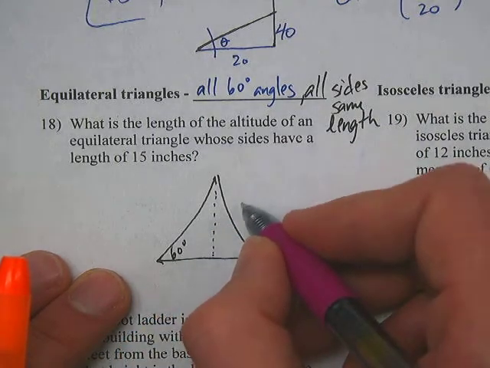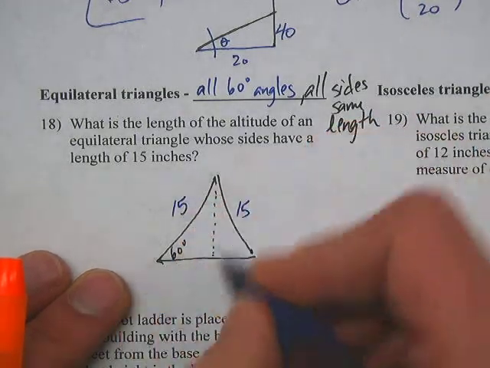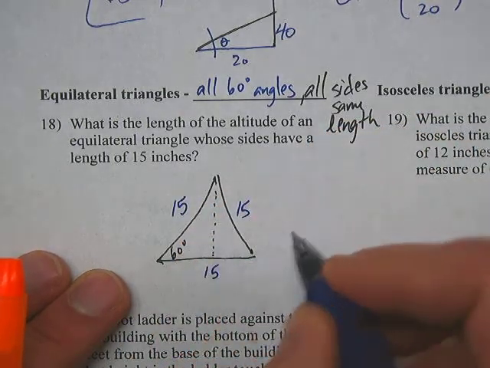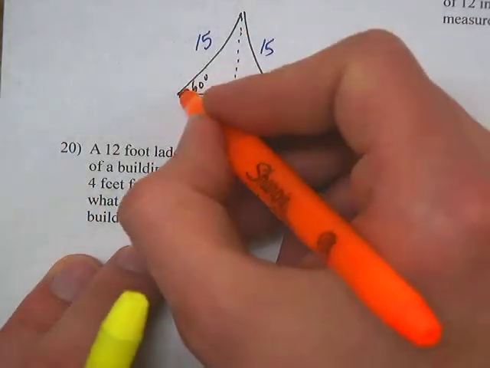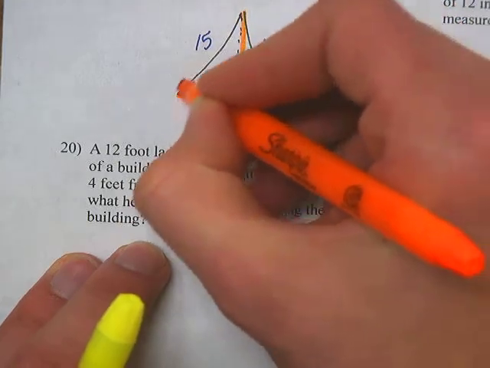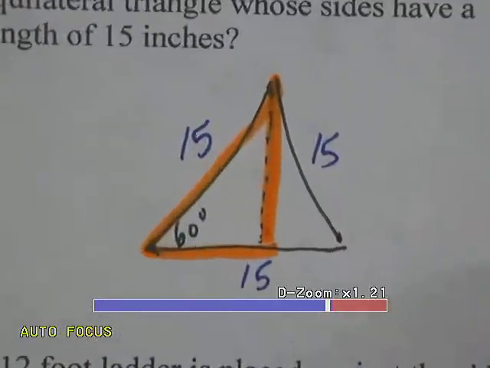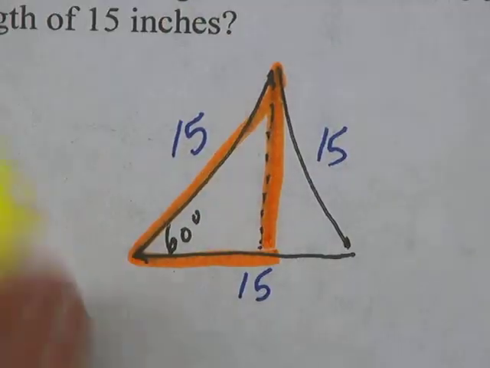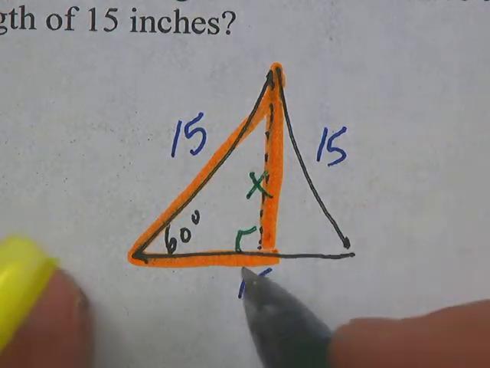Equilateral triangles. All 60-degree angles. All sides are the same length. Alright, so we have an equilateral triangle here, and it wants the altitude length.